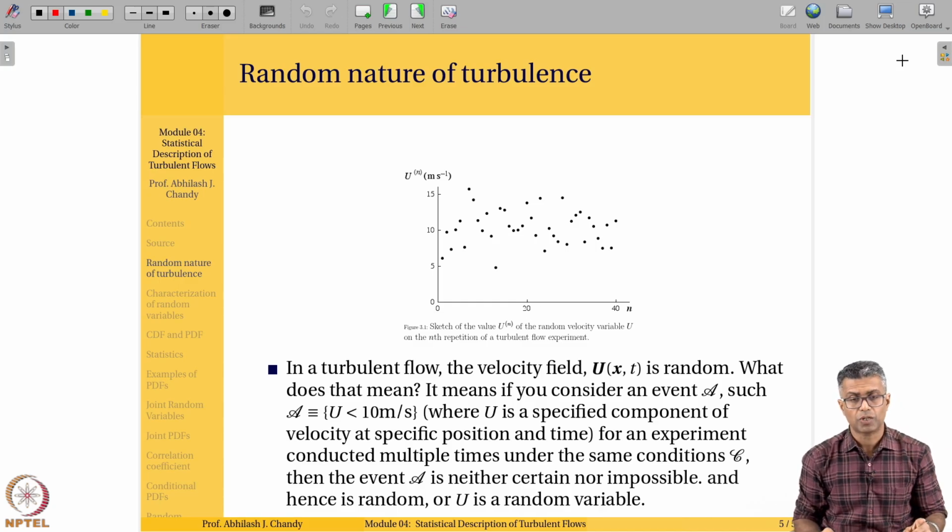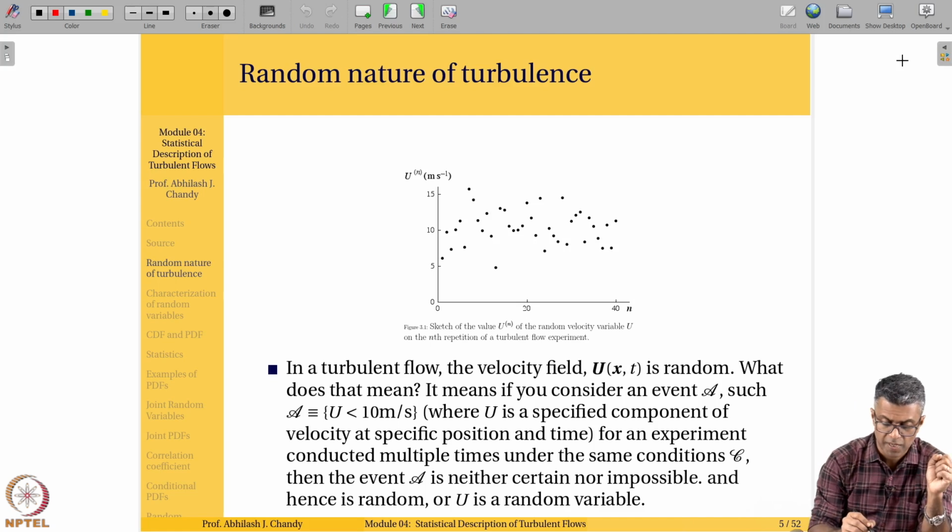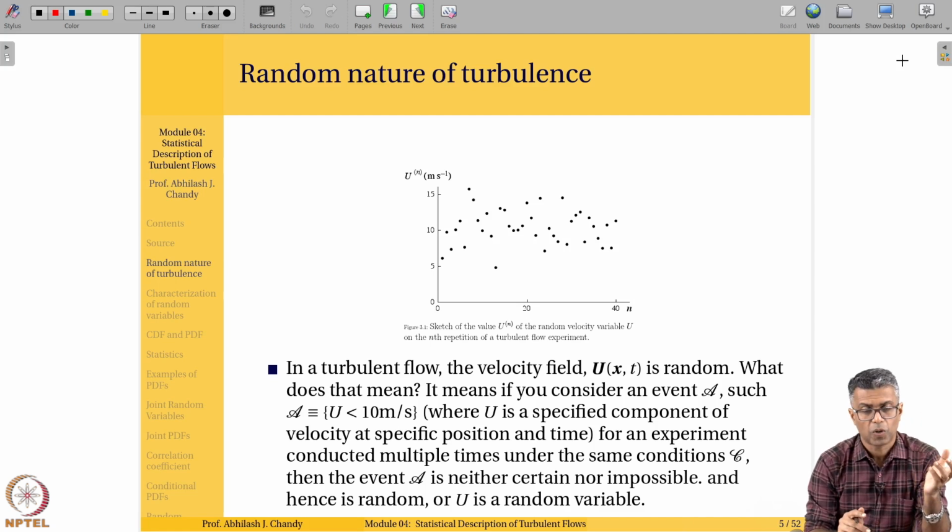You have velocity on the y-axis and the repetition on the x-axis. Each dot represents the velocity measured at a particular point in space and at a particular point in time for a different repetition of the experiment. As you can see, the velocity seems to be differing.